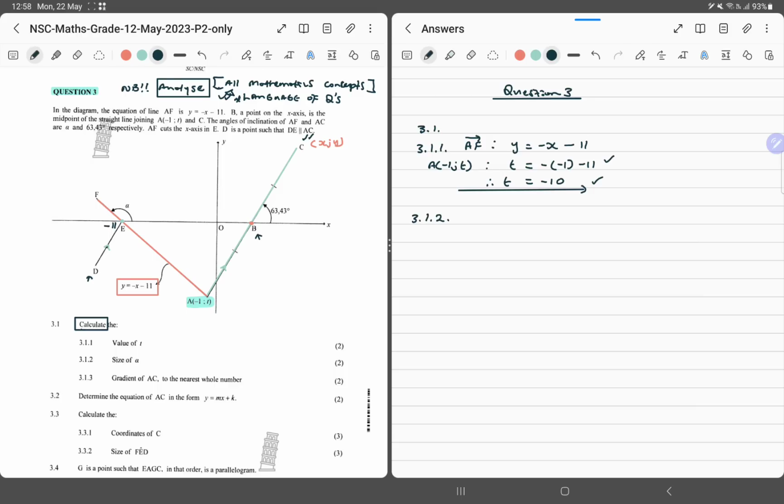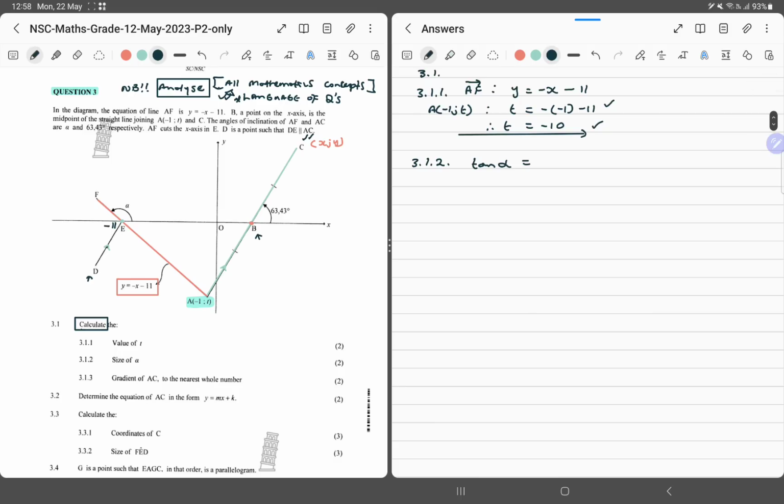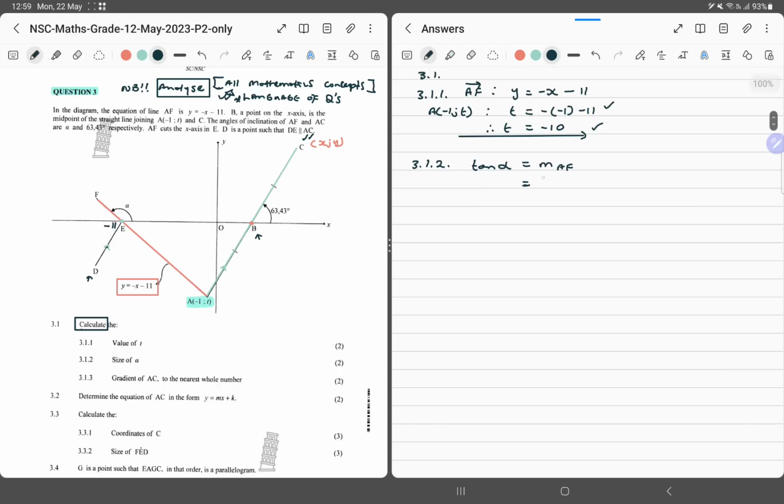3.1.2. It says find the size of angle alpha. Now angle alpha, we know that definitely the tangent of alpha is going to be equal to the gradient of AF, isn't it? Yes. So this means that tan alpha is equal to minus 1.